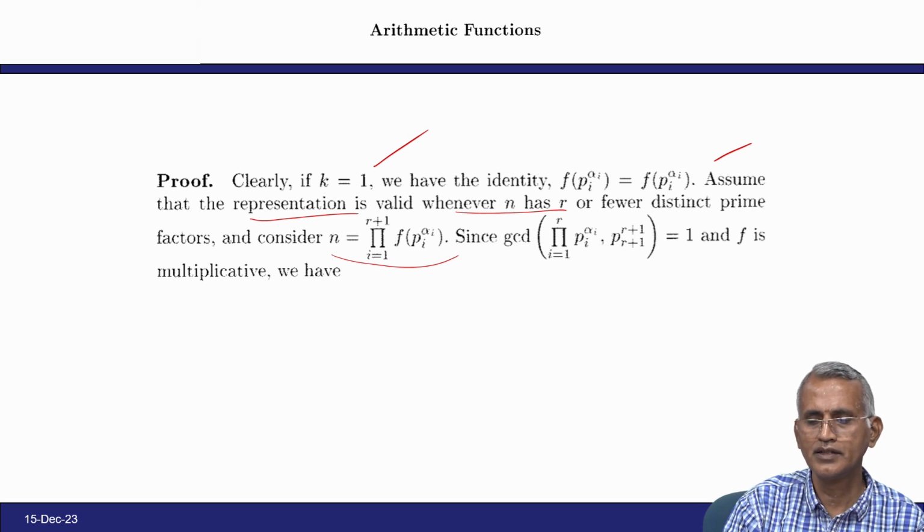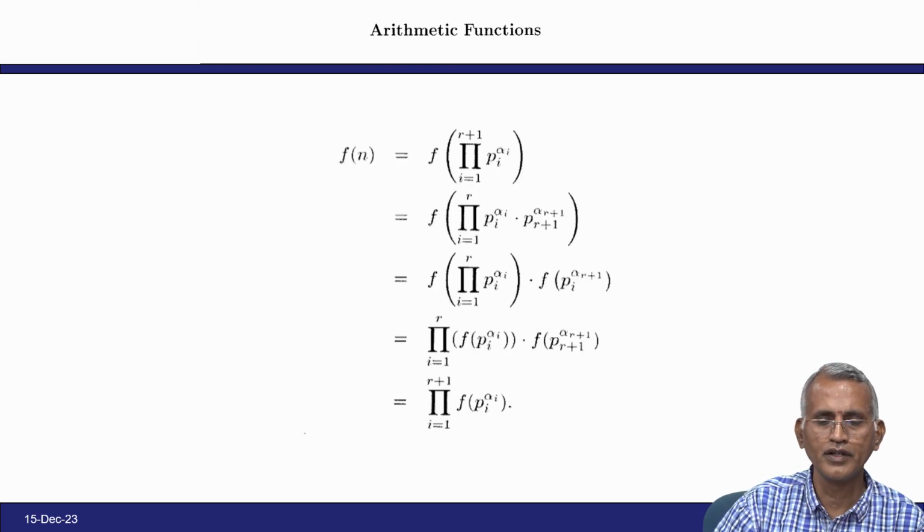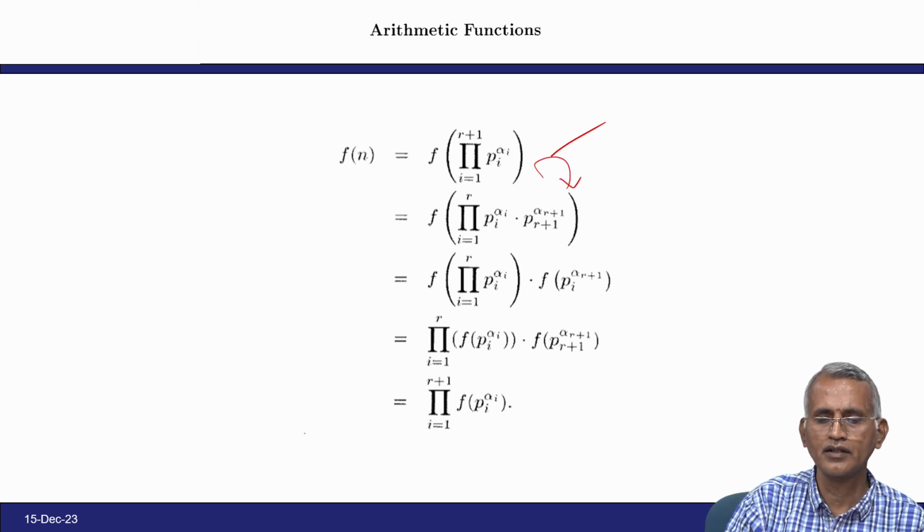Since the GCD of the product of p_i whole power alpha_i and p suffix r plus 1 power alpha r plus 1 is 1, therefore f is multiplicative. Therefore, the proof is: you start with the definition of f of n equal to f of the product of i equal to 1 to r plus 1 of p_i power alpha_i, and then we can convert it into the base definition.